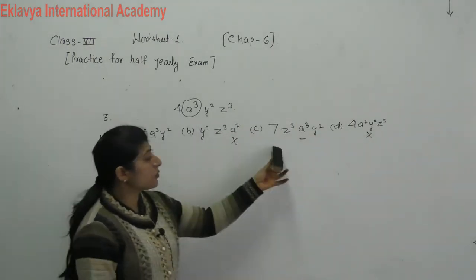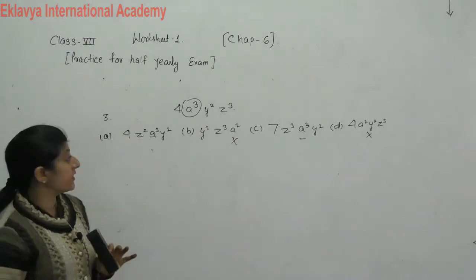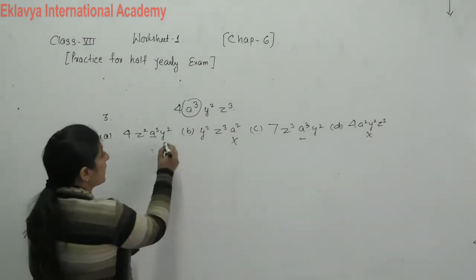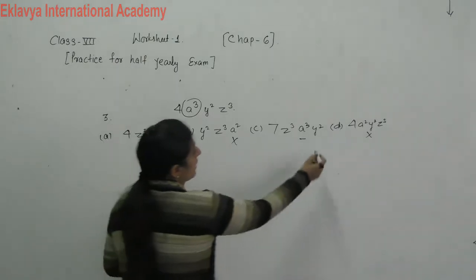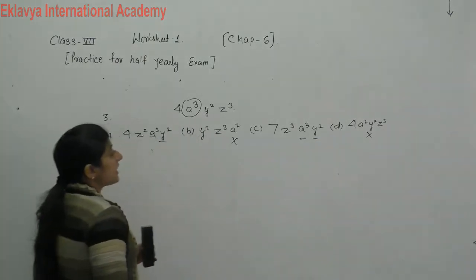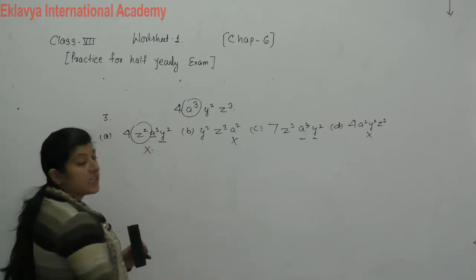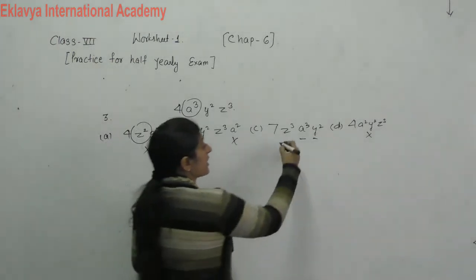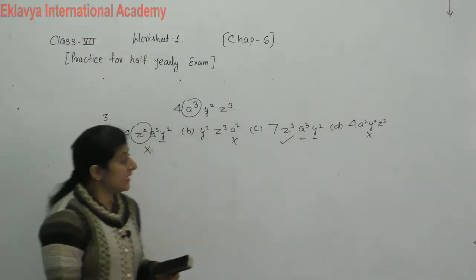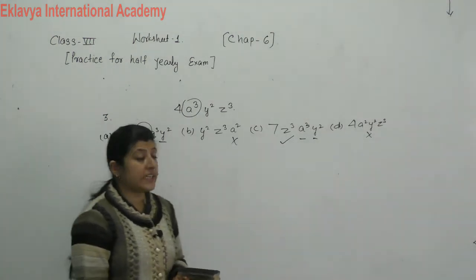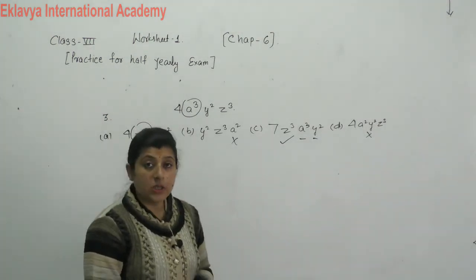And from these two options now find out which is the correct one. Y power 2, here also y power 2, here also y power 2. Z power 3, here z power 2, it means this option is incorrect. So what is your correct option? C, 7z power 3, a power 3, y power 2.